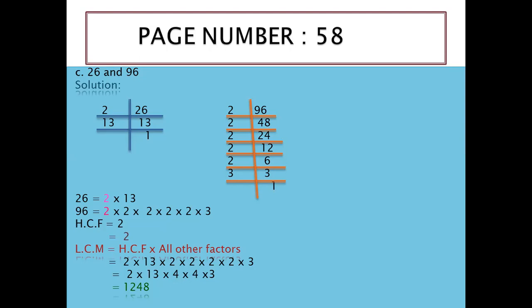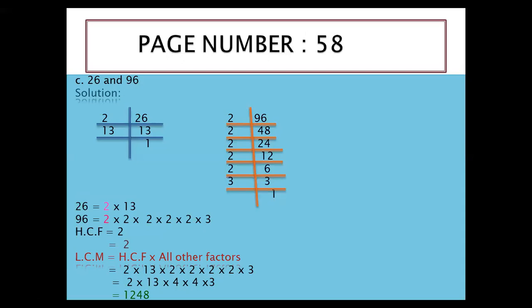Then 24, 24 also divisible by 2. Then 12, 12 is divisible by 2. 6 divisible by 2 and at the end 3. The factors of 96 are 2 multiplied by 2 multiplied by 2 multiplied by 2 multiplied by 2 multiplied by 3. And the common factor is only 2. The HCF is 2 for both numbers 96 and 26.